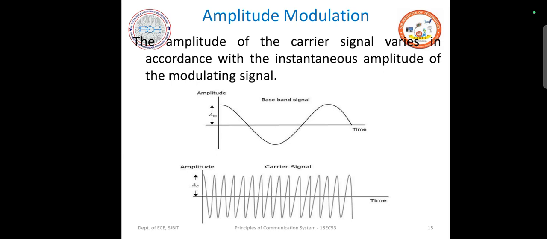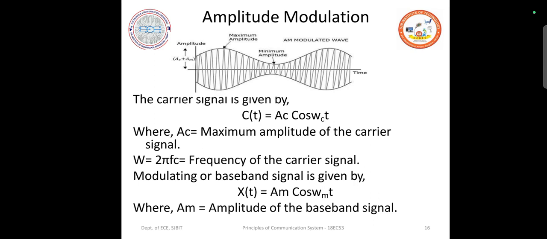One is your baseband, which is also called a message signal or an information signal. So that's the input signal which you have to transmit. As an example, we have taken a simple sine wave. It could also be a complex wave which contains many tones or frequencies within it. And there is a carrier signal, and obviously you can make out the difference between the baseband and the carrier. Carrier frequency is more. And this is how the modulated wave will look like.